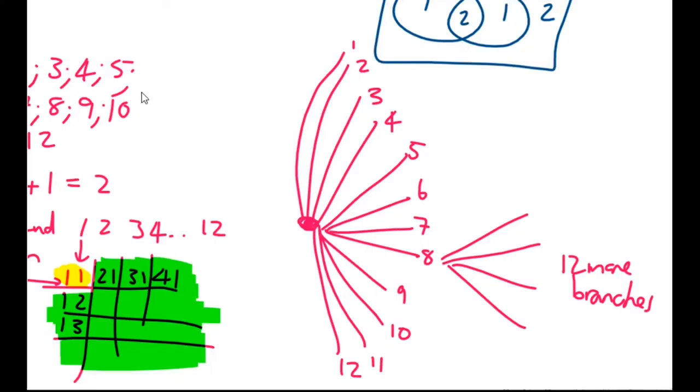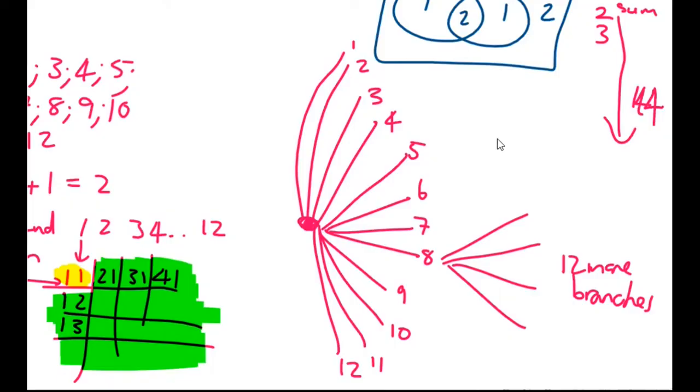Then I would have had to add them all up, and I would have got the 1 plus 1 would have given me 2, the 1 plus 2 would have given me 3. So I would have added up all the sums. But as we've just discovered, there's going to be 144 of them. So instead, I paused and I thought, wait a second.